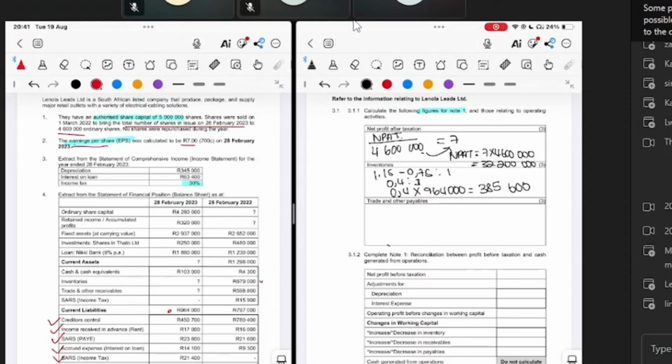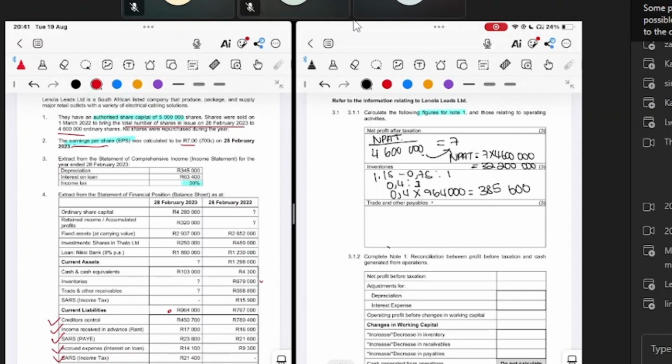So we have here 964,000 and then, sorry, 450,700. Okay, sorry, let's repeat that question. They want the trade and other payables amount that you'll be recording in your note 1 of operating activities, meaning in your cash flow. Okay, now I understand.